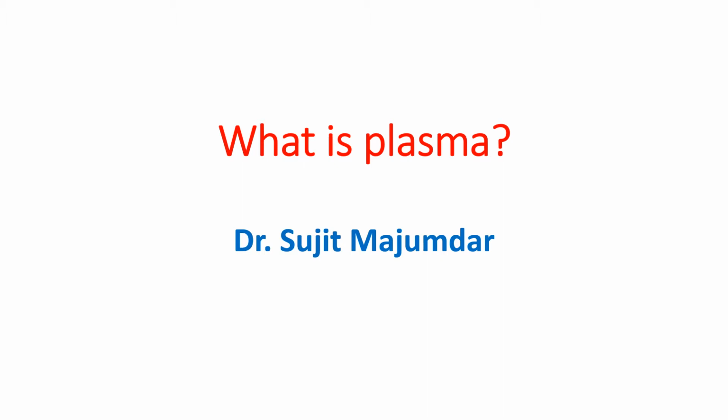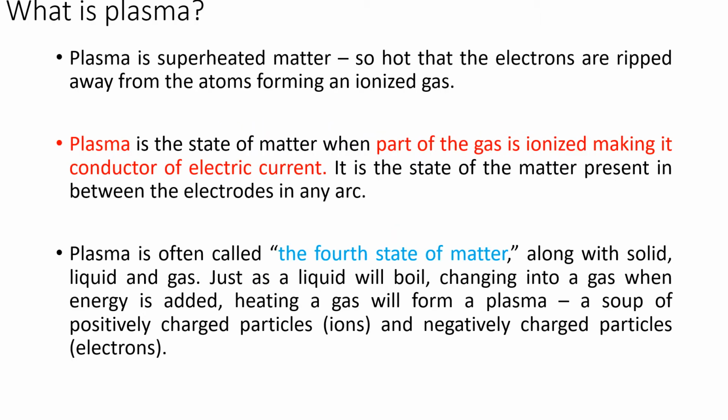Let us see the next slide. What is plasma? In the first paragraph, it is stating plasma is a superheated matter, so hot that electrons are ripped away from the atoms, forming an ionized gas.